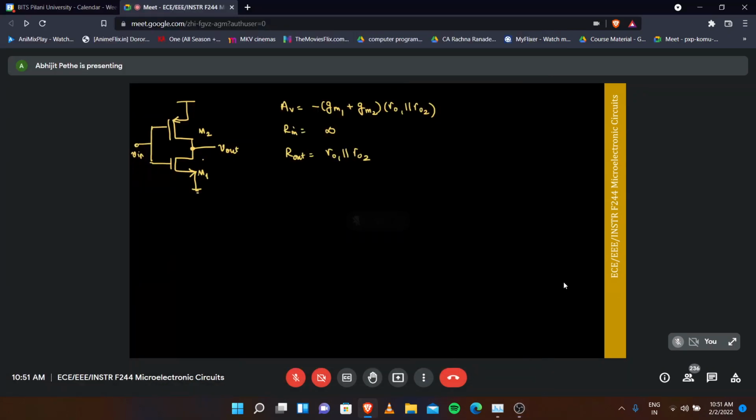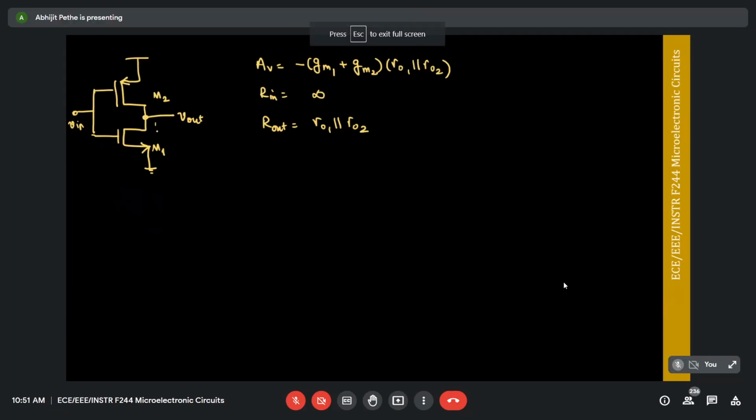If Vn increases, what happens to the current flowing through M1? Will it increase or decrease? It increases, right? Similarly, if Vn increases, what happens to the current flowing through M2? It will decrease, right?